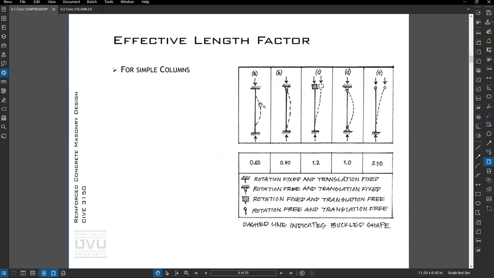Okay, effective length factors. We've seen this before. A normal pin column would have a K of 1. For a fixed, we'd have a K of 0.65.